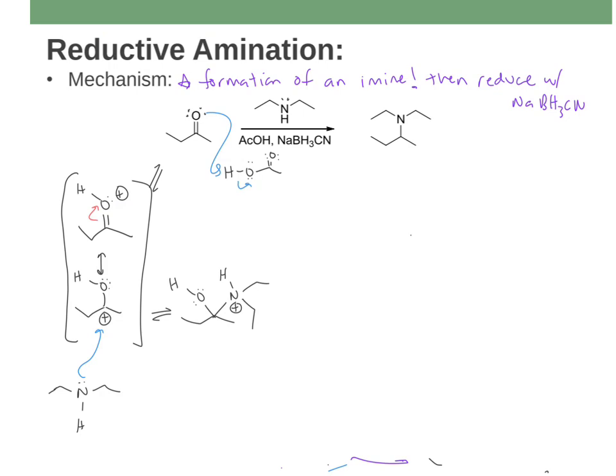Nitrogen's now positive, just like we saw with those other reactions, the formation of imine. Nitrogen's going to lose that hydrogen. It's going to become neutral again. And I'll do this in 2 steps, but you could draw it in 1 if you want to, just write proton transfer.